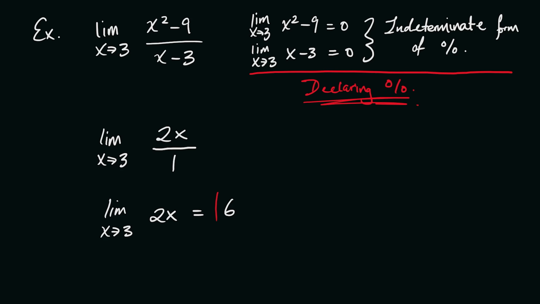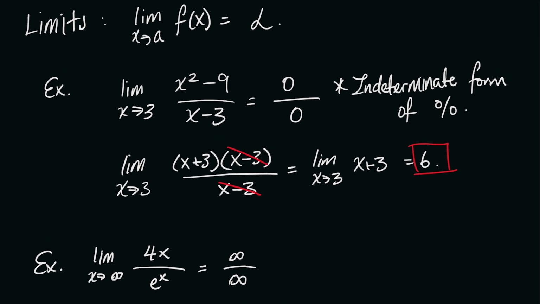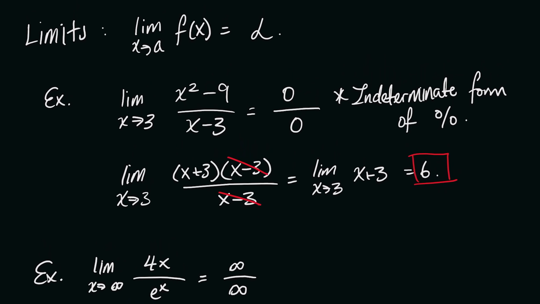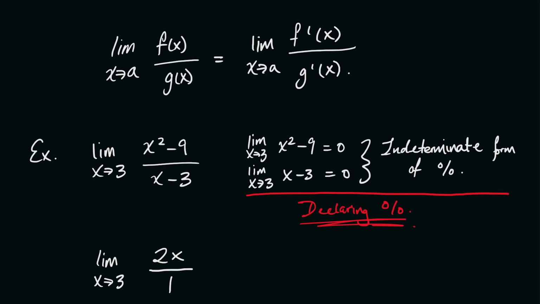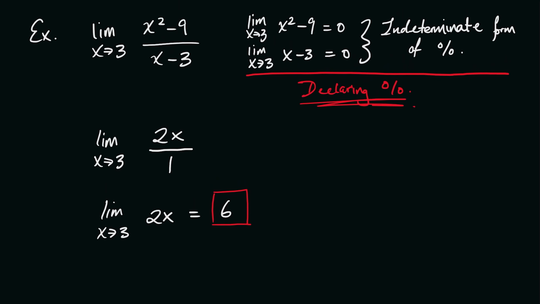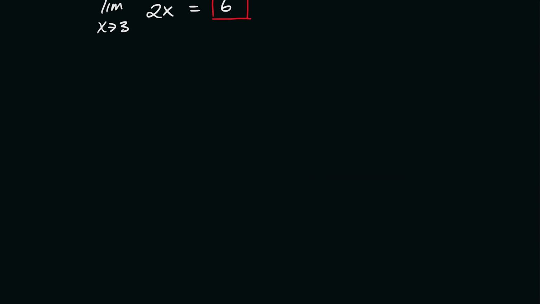Referring back to our original answer that we got when we did factoring, all the way up here, we still got the 6. So we're good with this. We both got the same answer, and both of the answers are just 6. So now, let's take a look at a different example.